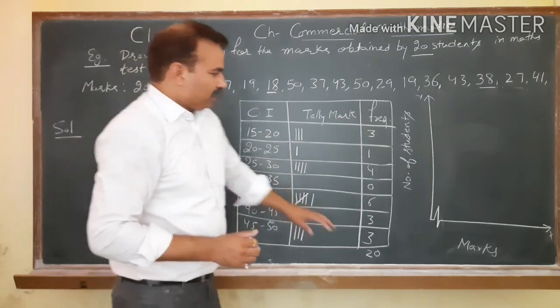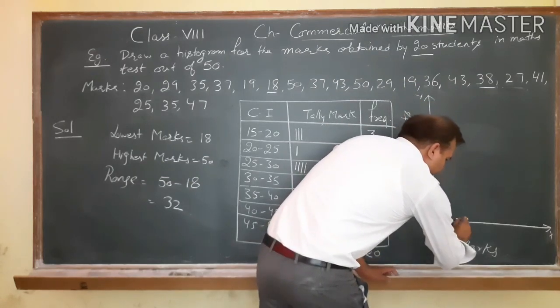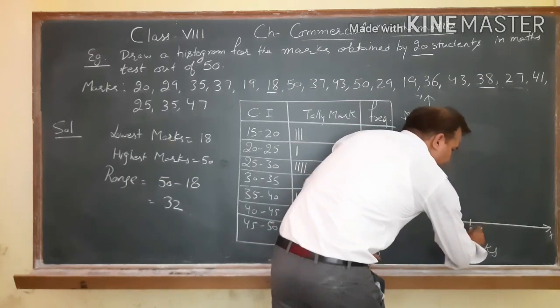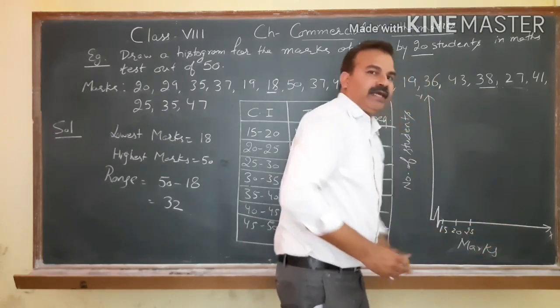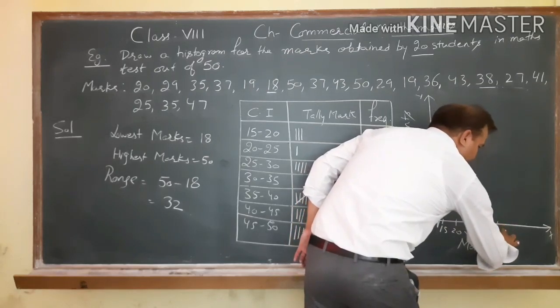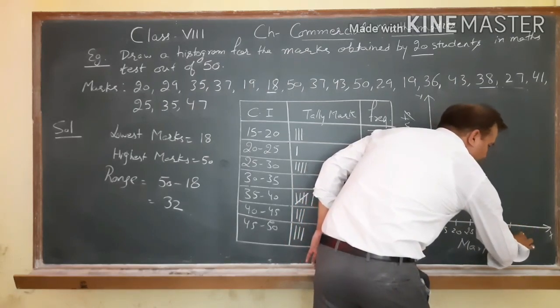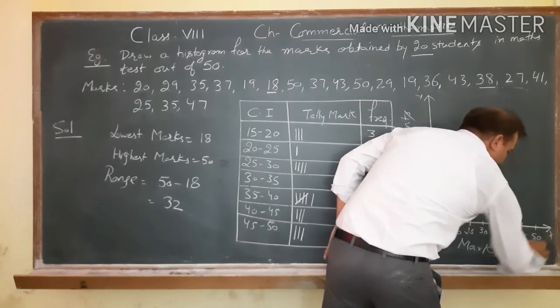Fine. So we'll start from here, this 15, then 20, then 25, then 30, 35, 40, 45, 50.